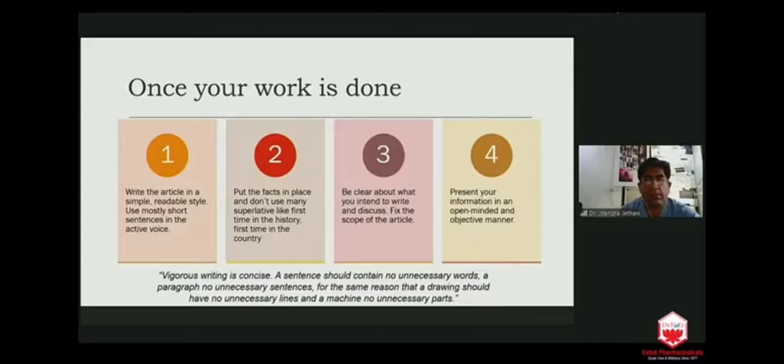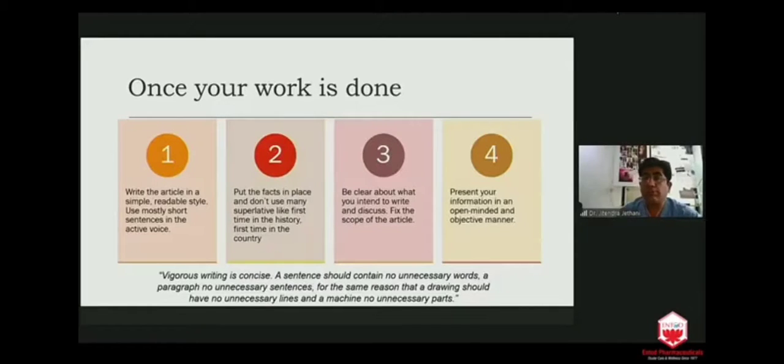Don't write big, mixed sentences where you keep adding clauses and it makes the sentence so complex that by the end we cannot find what the beginning was. So make short sentences in active voice, and put the facts in place.